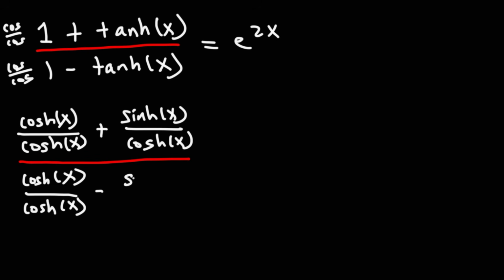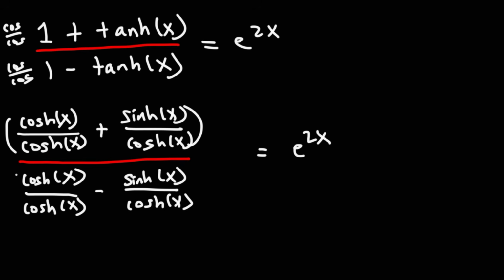Now, what do you think we need to do next after this? Notice that each of these 4 fractions have the same denominator. So we're going to multiply every term by cosine. So each denominator will be canceled.